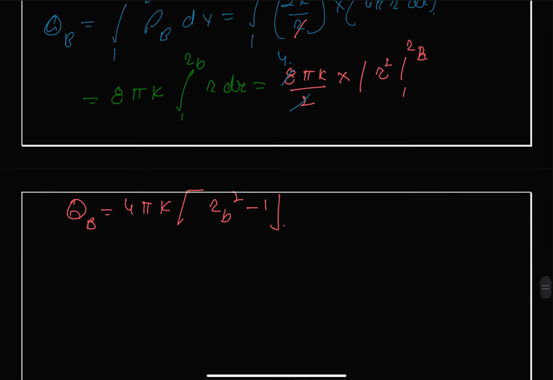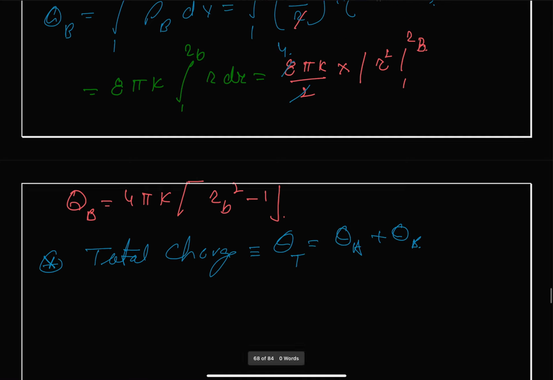So we found out the value of charge on the sphere as well as charge on the shell. So therefore let us call the total charge QT, which will be equal to QA plus QB, or rather the total charge enclosed.